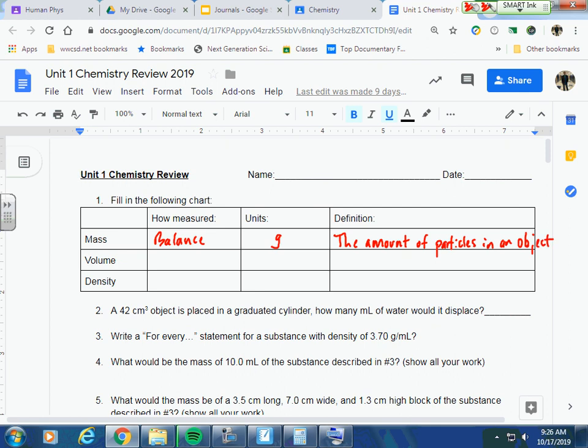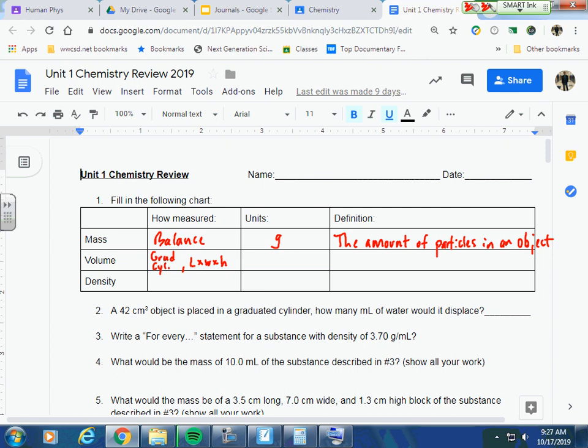Volume we measured a couple different ways. Volume we measured using a graduated cylinder. I'll just call it a grad cyl right here. We also used a ruler and did length times width times height if it was a regularly shaped solid, a rectangular prism, if you will.